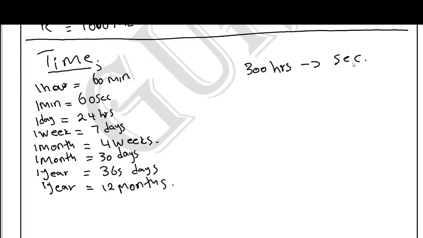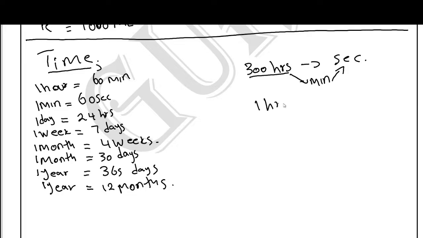So what is the best way that you're going to do and to understand this? You are going to convert your hours to minutes. That means now you're going to convert twice. You convert your hours to minutes. Then you will convert your minutes to seconds. Okay, so what is the relationship between hours and minutes?